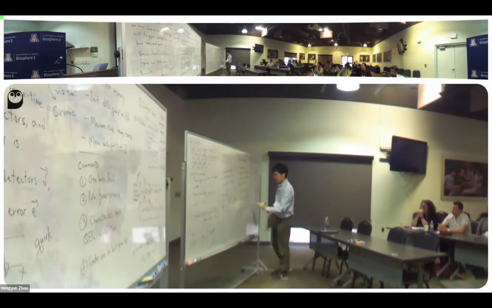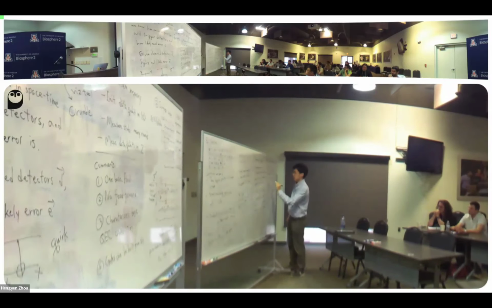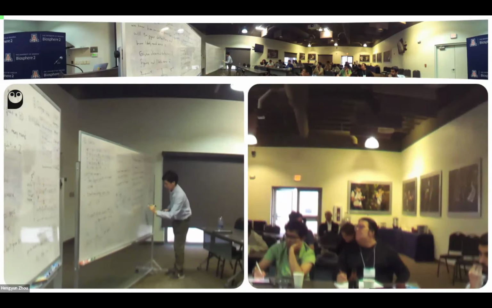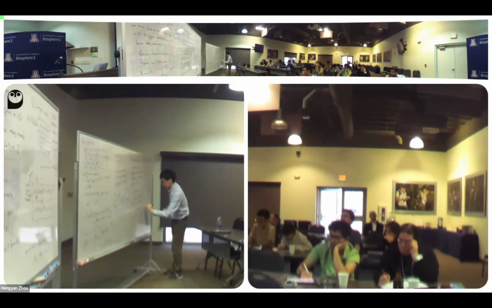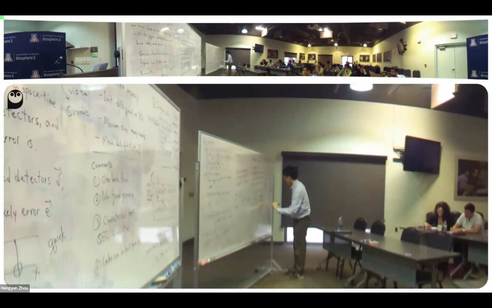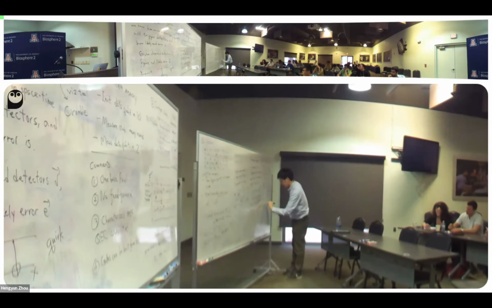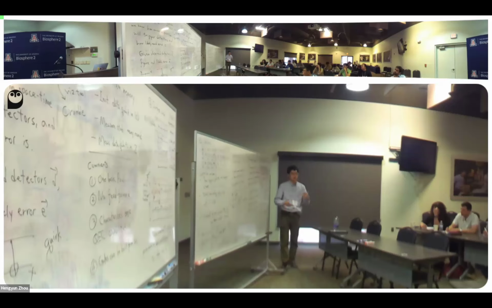The third level will be something that maps Cliffords to Clifford. So I'll change my letter here from U to C for Clifford. The third level is a unitary that maps Paulis into Cliffords. So you essentially go one level up.